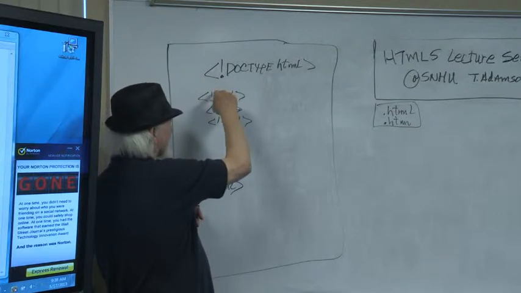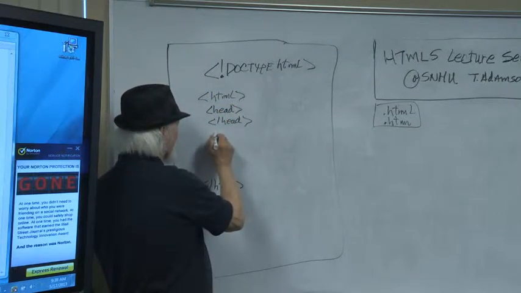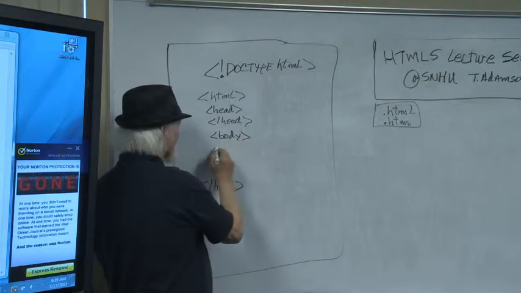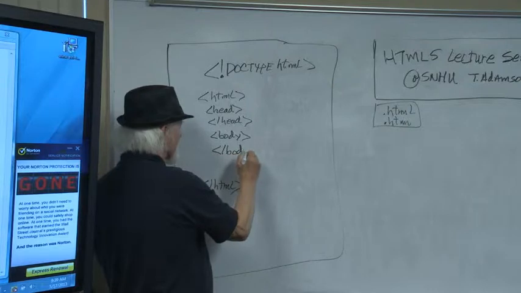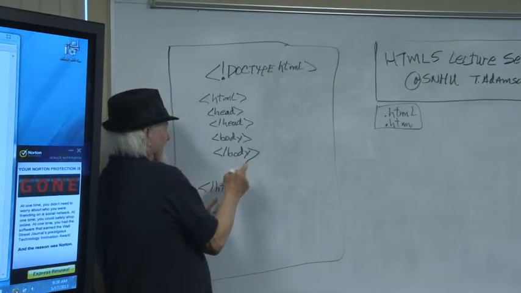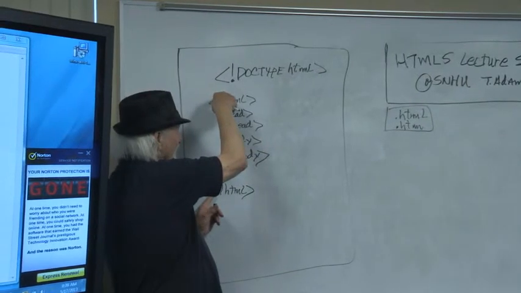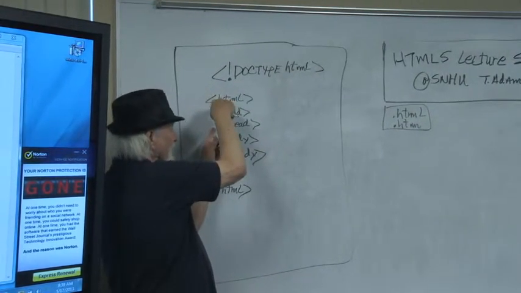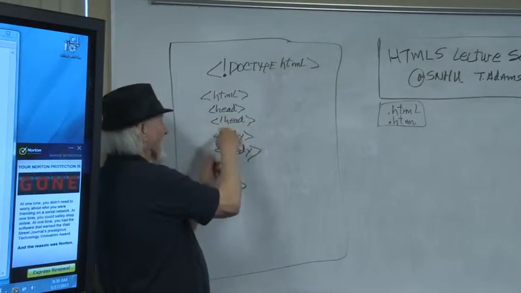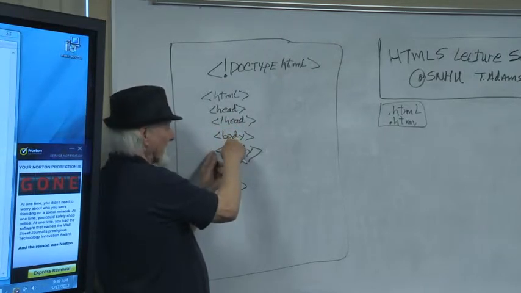The HTML element also has a body element. So what I see here is that the HTML element contains two other elements. It contains a head element, which right now is empty. It contains a body element, which right now is empty.